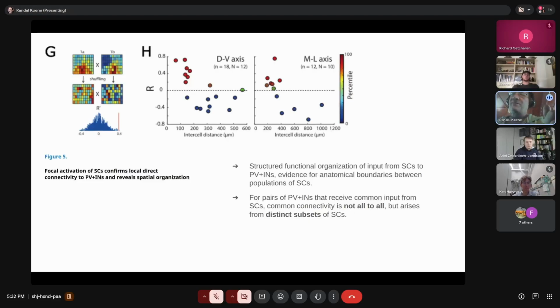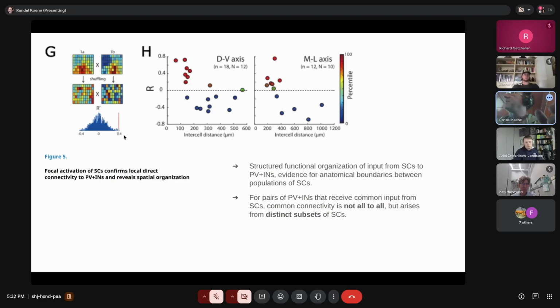So they built maps for the responses of individual parvalbumin interneurons across all stimulation sites. And they then took these correlations of heat maps of parvalbumin cells, and they compared those with shuffled heat map correlations. And when you compare the original with the shuffled data, it falls way outside of that distribution.